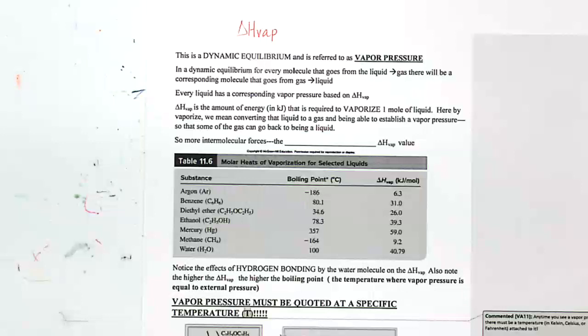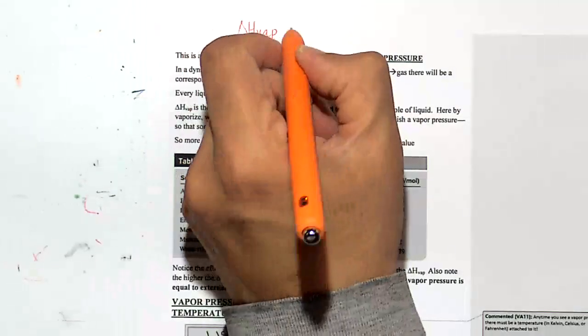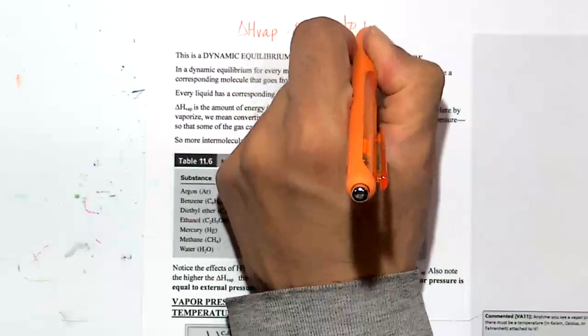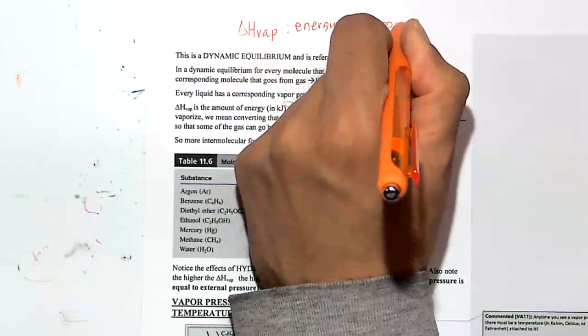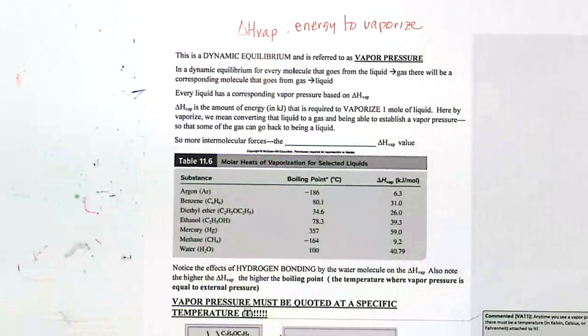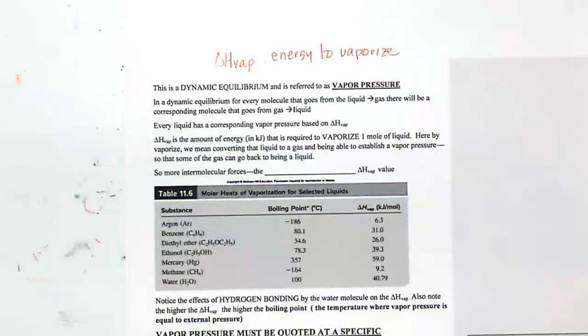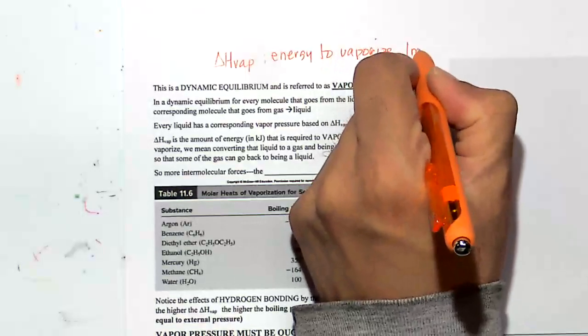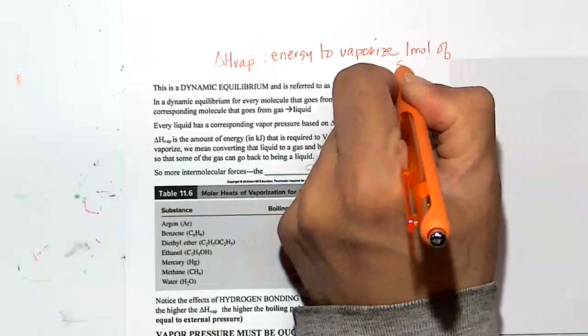It's how much you have to put in to vaporize 1 mole of a substance.